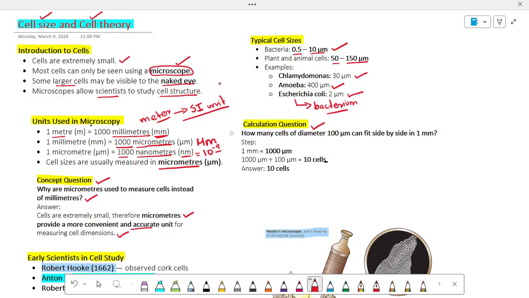So here is a calculation question. How many cells of diameter 100 micrometers can fit side by side in 1 millimeter? Means if we have a length of 1 millimeter, how many cells of 100 micrometers can fit in it? So this question has different steps.